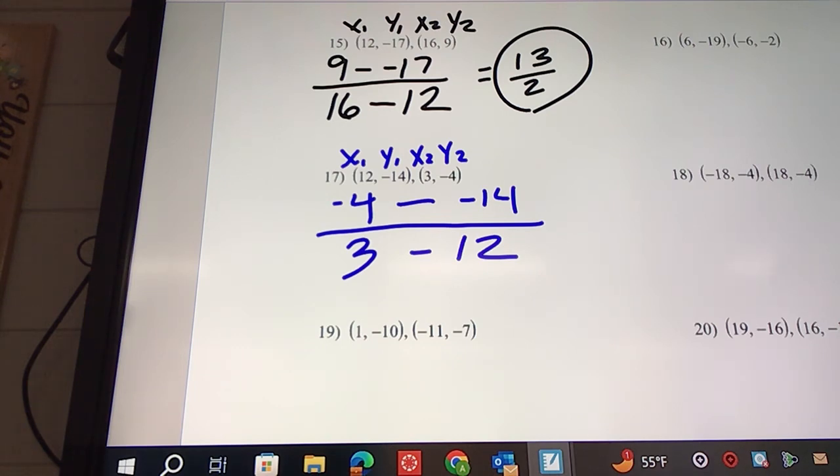Somebody agree? Nick? You don't know, you ain't even typing. Negative 10/9. Okay.